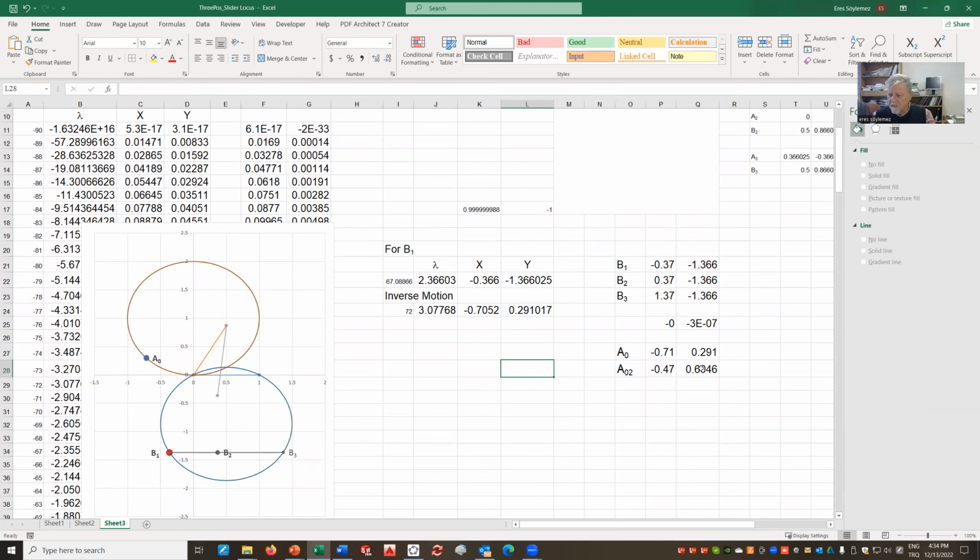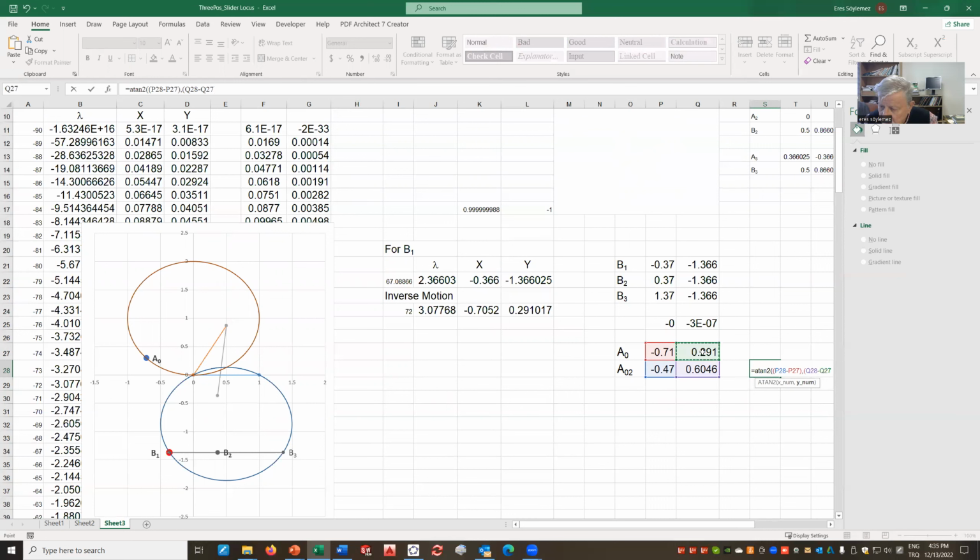That is enough to draw that line because I can determine the angle. The angle is A tan 2, open up parentheses, x component of A02, x coordinate, minus x coordinate of A0, comma, open up parentheses, y coordinate of A02, minus y coordinate of A01, okay?